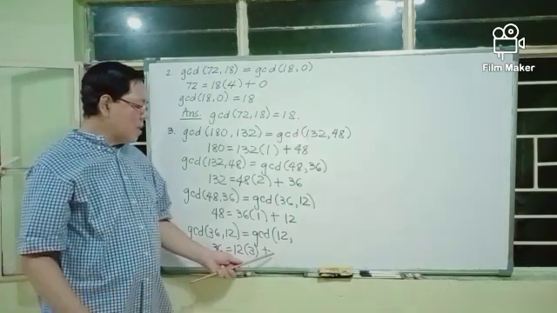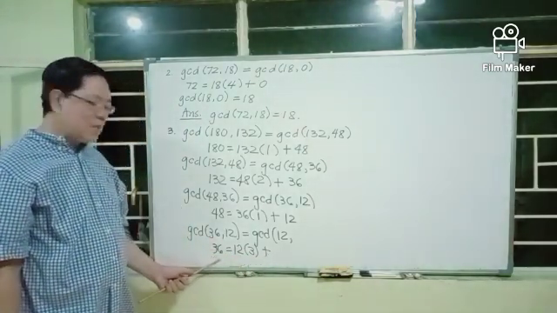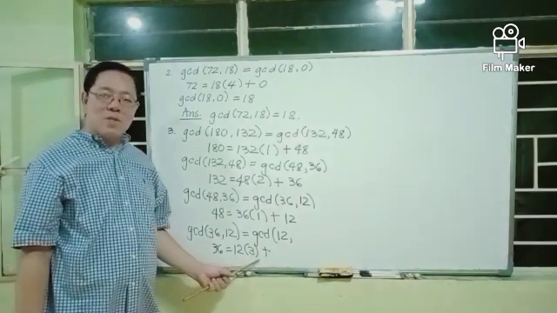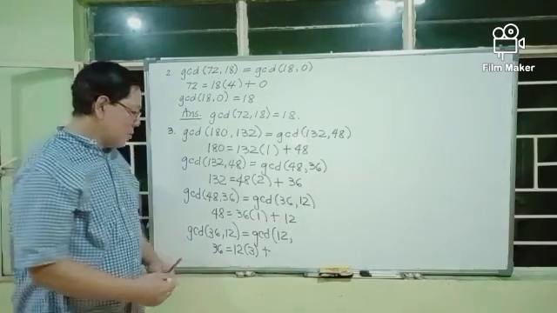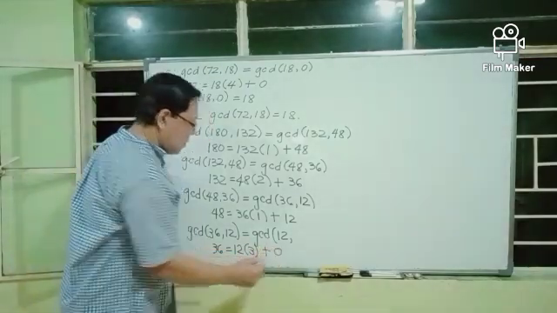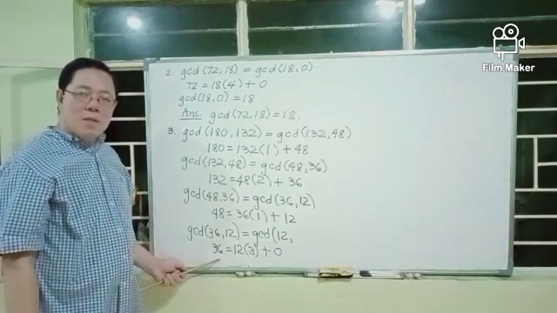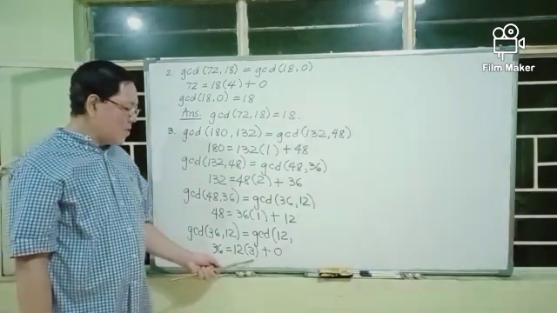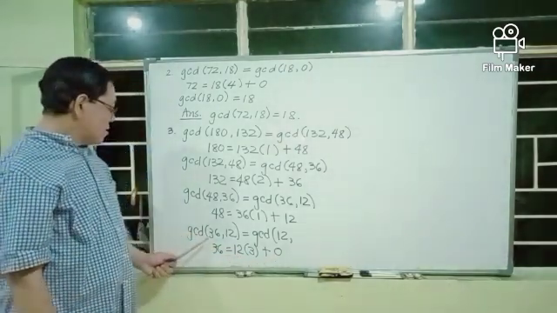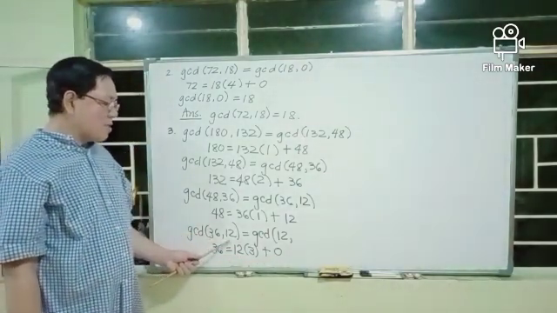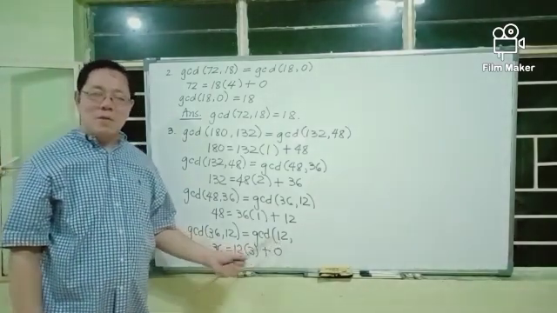And the integer to be added here is the difference between 36 and 12 times 3, which is also 36. 36 minus 36 is 0. Therefore, this is A equals B times Q plus R. Therefore, R equals 0. So the greatest common divisor of 36 and 12 equals the greatest common divisor of 12 and 0.